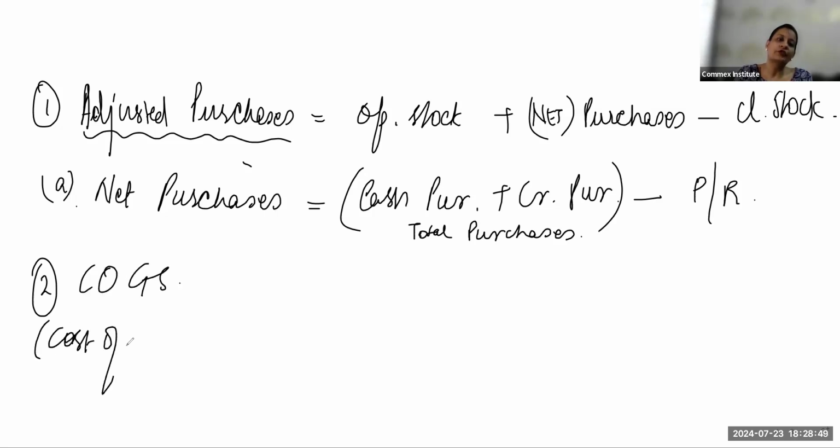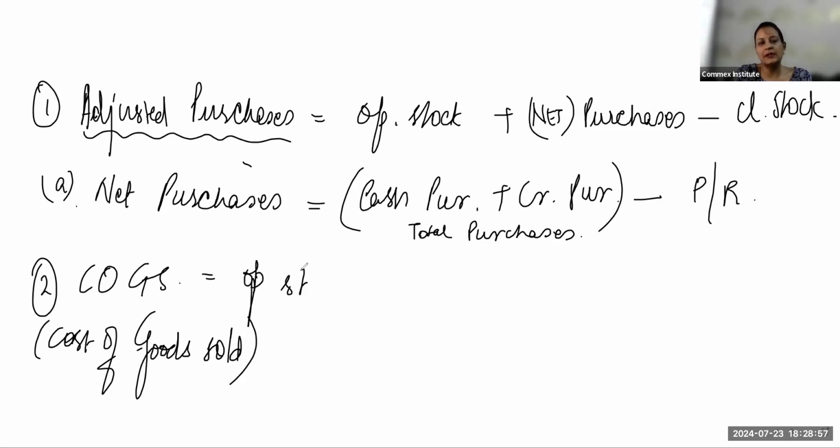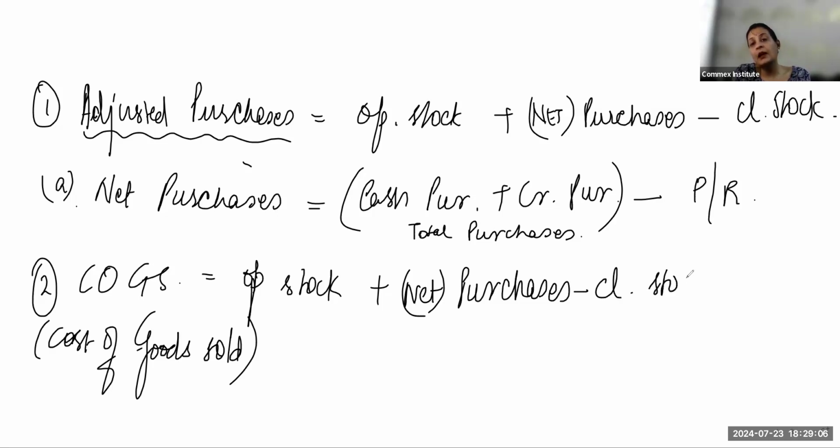Cost of goods sold is the same as adjusted purchases, opening stock plus net purchases minus closing stock, plus direct expenses. So one thing more is added: plus direct expenses.